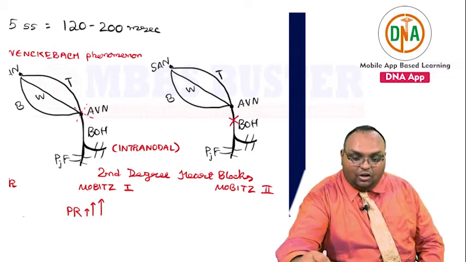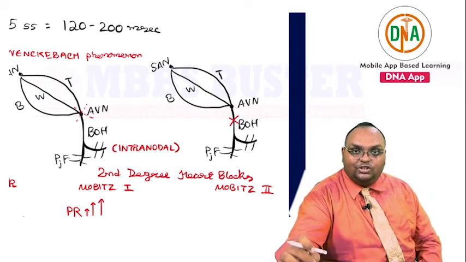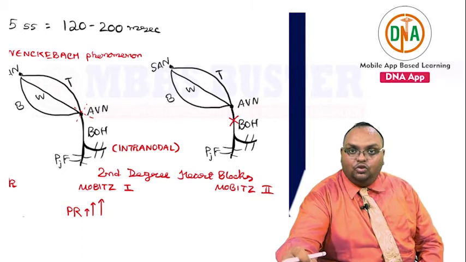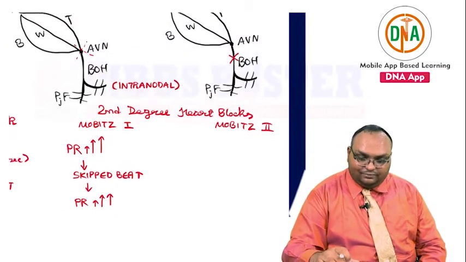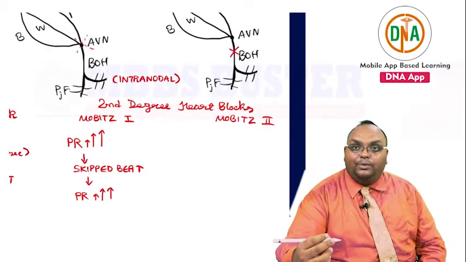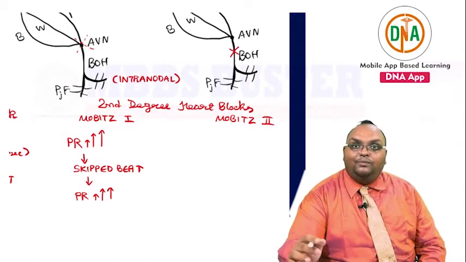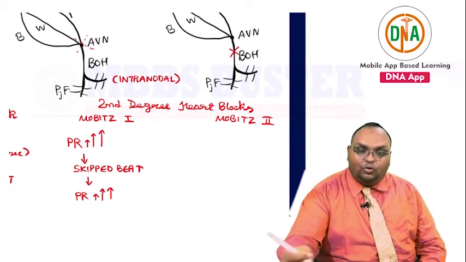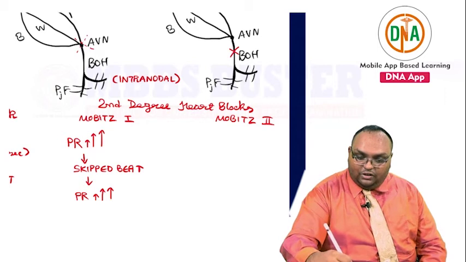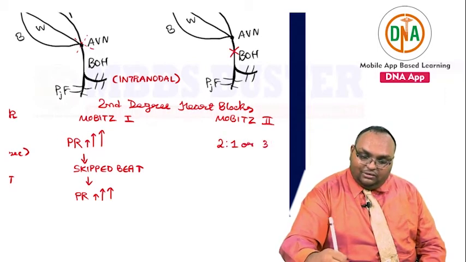So, in the case of second degree heart block, Mobitz type 2, what you would have is a P wave, then maybe a P followed by QRS, or one P wave, one QRS. So you would have the pattern of a 2:1 or a 3:1 block.